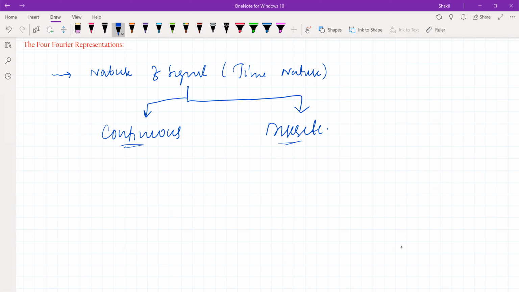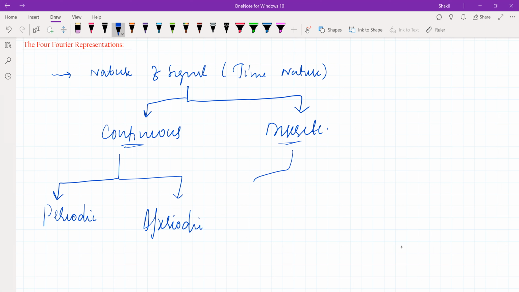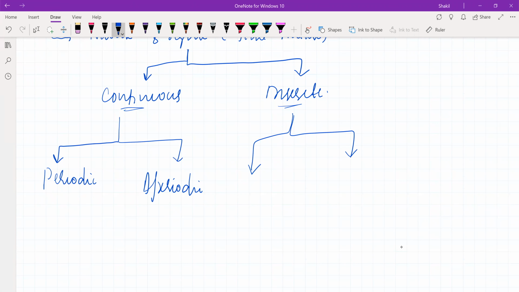Now, in the same way, a continuous time signal can be periodic or aperiodic. So based on the periodicity, whether the signal is periodic or aperiodic, we have different Fourier representations.